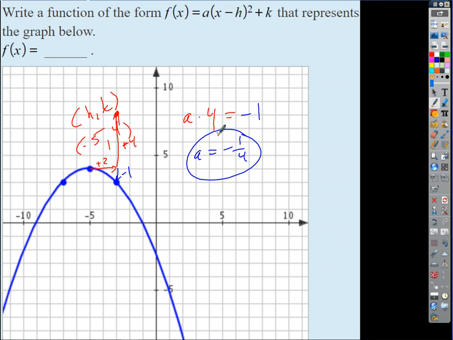Think about what that's doing. The negative is flipping it, so the parabola is opening down instead of up. And the 1/4 is compressing it, so instead of changing by 4, it's only changing by 1. Agreed? And so if we plug that in, we get -1/4 times (x minus -5) squared plus 4, right?